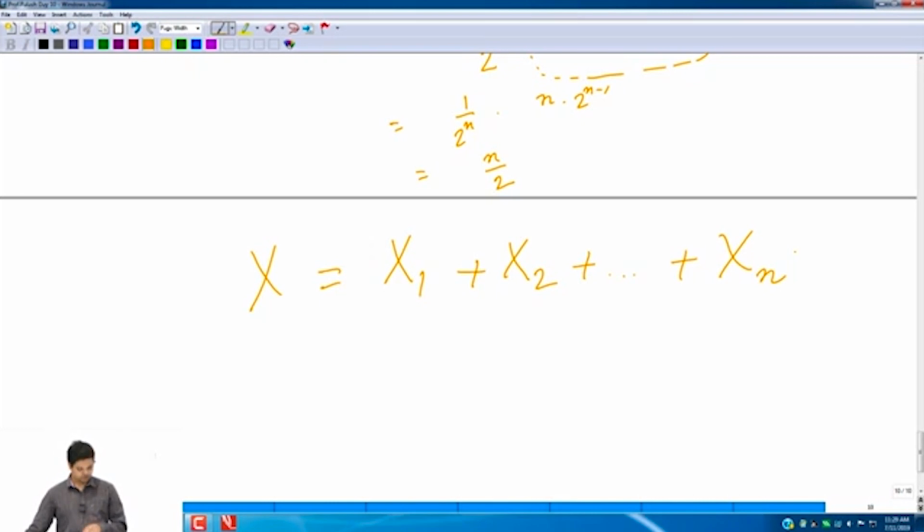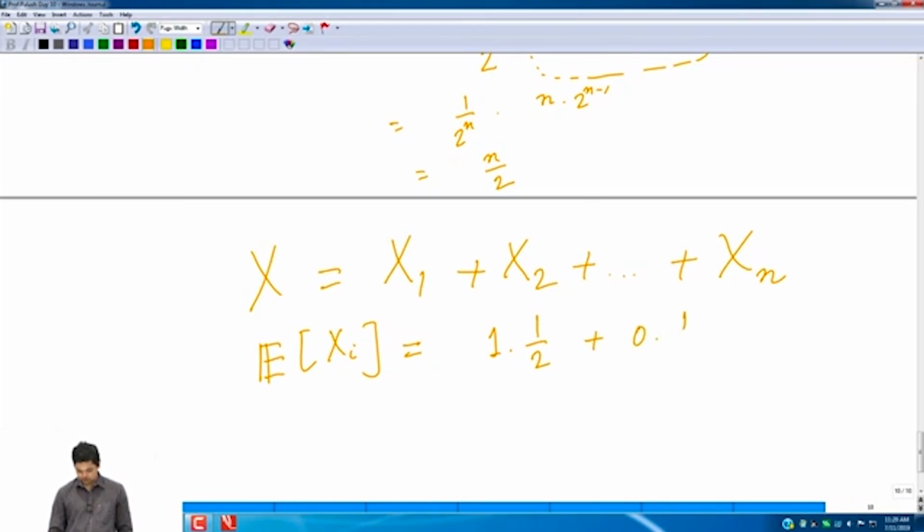So x is equal to x1 plus x2 plus up to xn, and it is also very easy to compute the expectation of an individual xi. Let's see what the expectation of xi is. xi takes only two values, 0 and 1. It takes value 1 if it comes up head, which happens with probability half, and it takes value 0, which also happens with probability half, if it comes up tail. So this value is half.